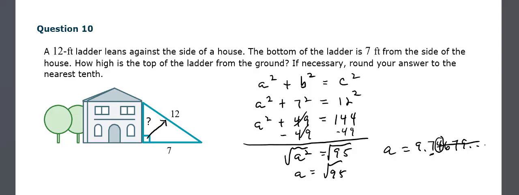So we just drop everything and we do not round up. So it just remains approximately 9.7 feet. And again, keep in mind that our hypotenuse is our longest side, which is 12, and this is below 12. So our answer is valid.